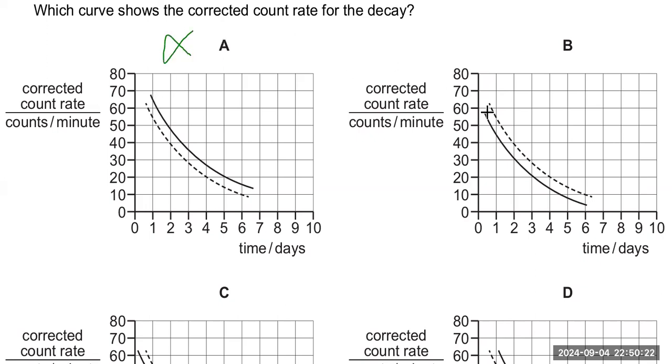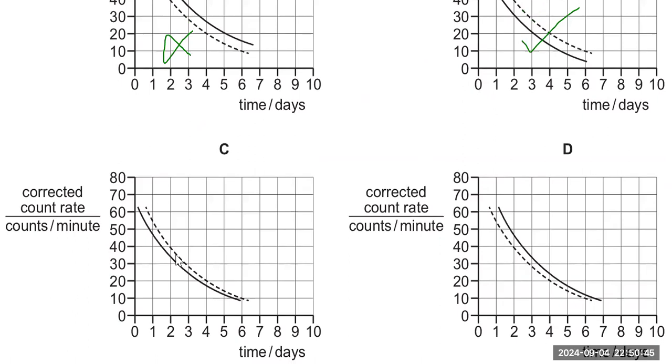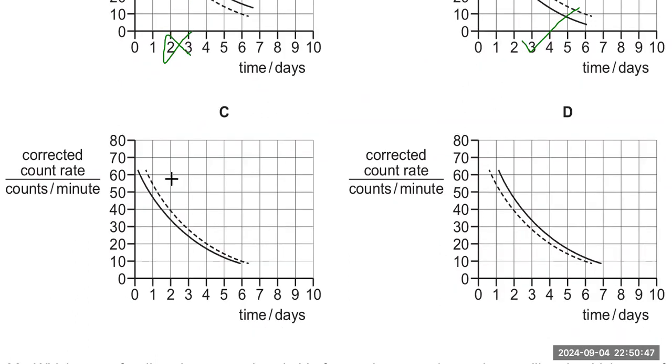Now look at option B. Yes, this is the correct option. The reason is that when you subtract background radiation from the actual count, you will definitely move below the original curve. So this is your correct option. But look at C and D. When you look at C, the curve is going to meet the original curve on this side.